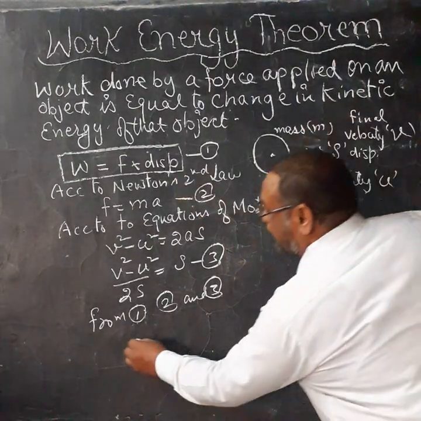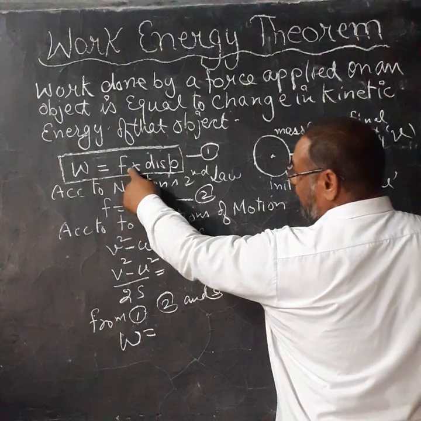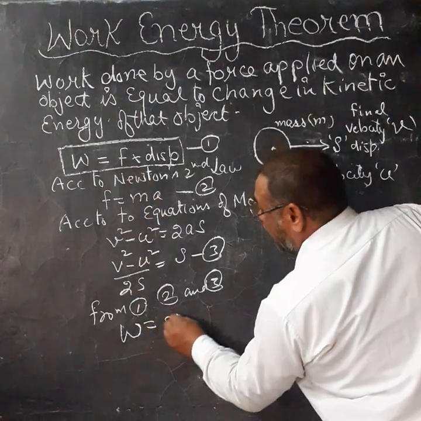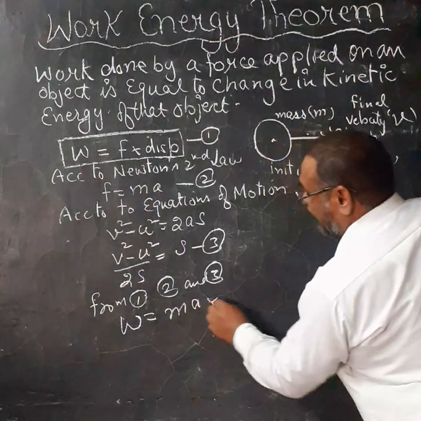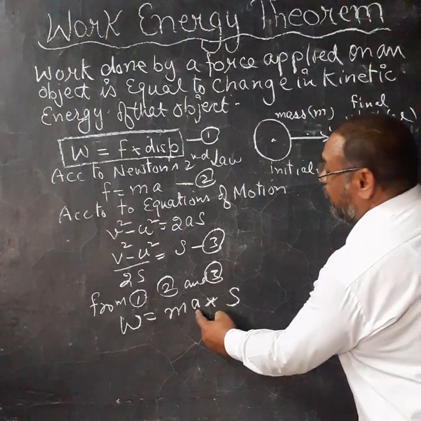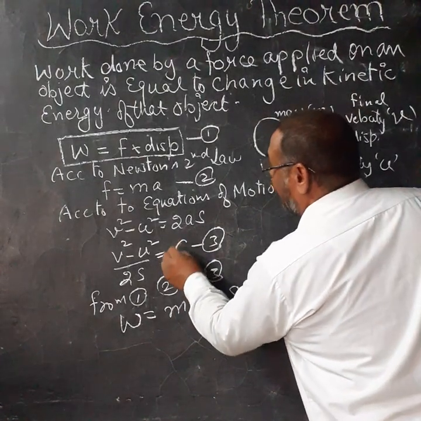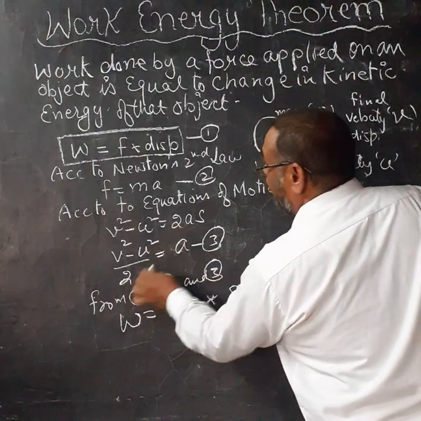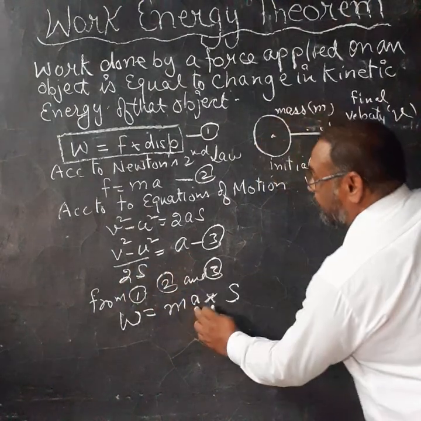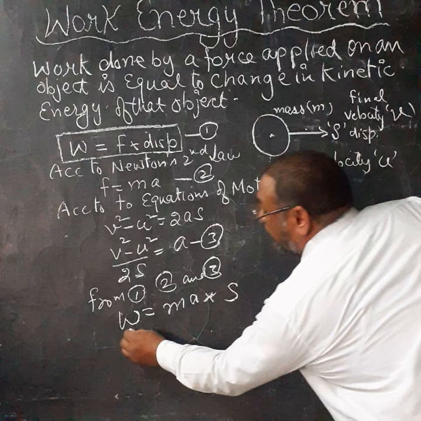If we substitute the value of F in the first equation, we will get mass into acceleration into displacement s. Now substitute the value of acceleration. We will find acceleration from here and put the value of equation 3 in this equation.